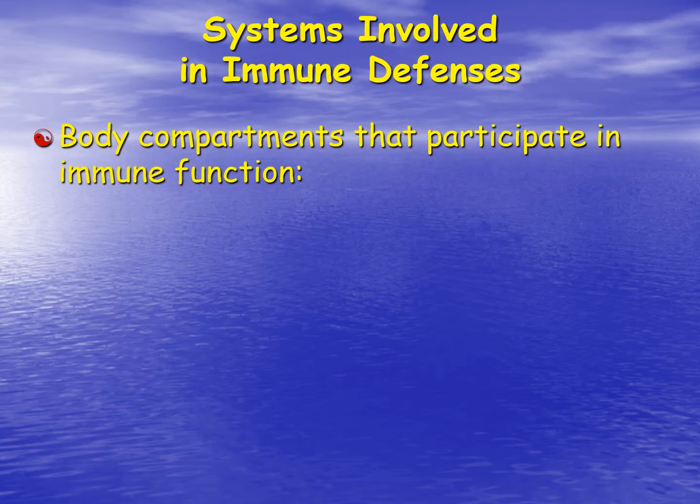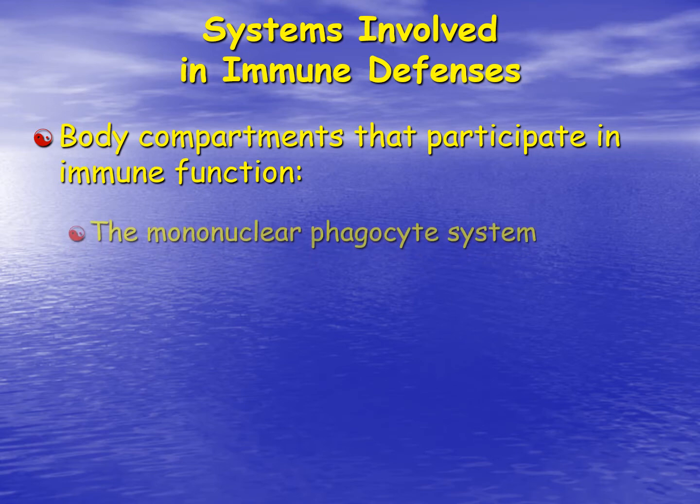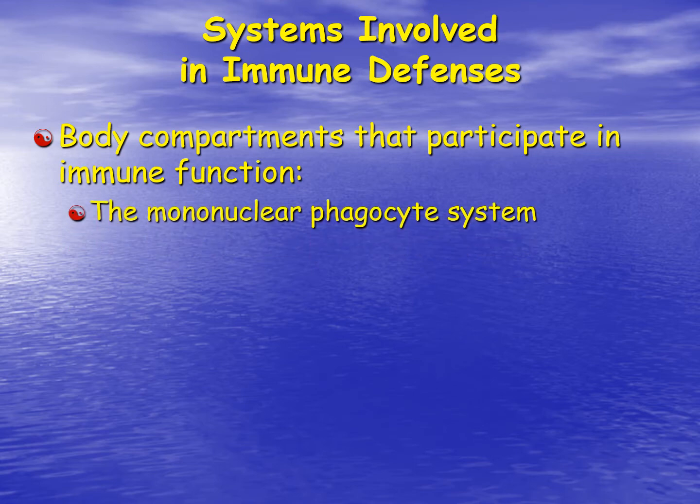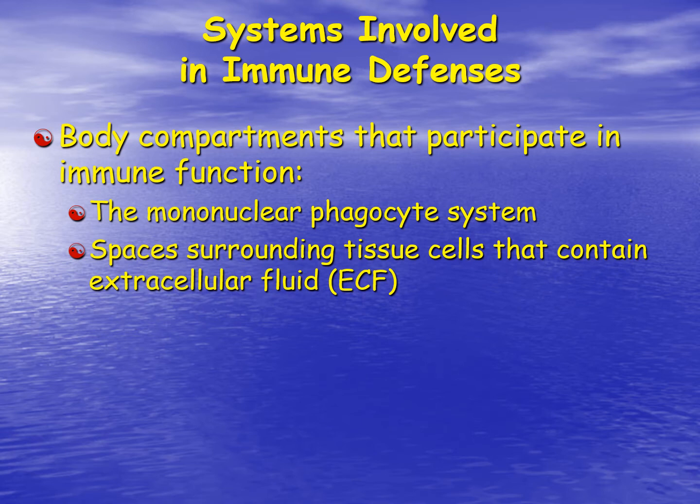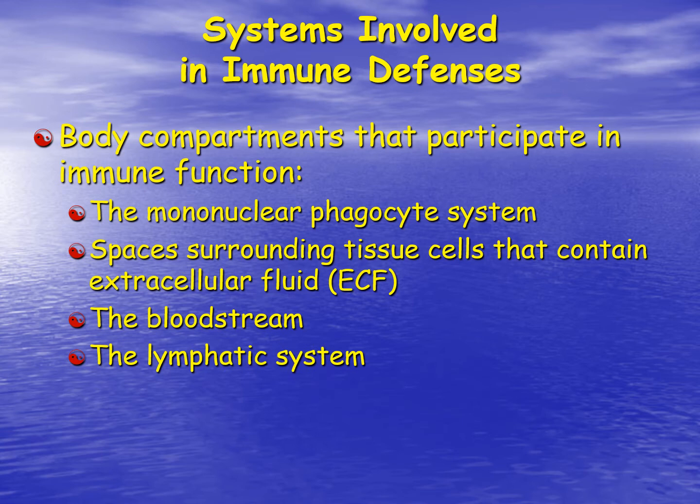Now, the systems involved in the immune defenses. Body compartments that participate in the immune function include the mononuclear phagocytic system, the spaces of the tissue cells, and this is where the extracellular fluid is contained, and the bloodstream itself. And the lymphatic system is going to play a role in all of this as well.